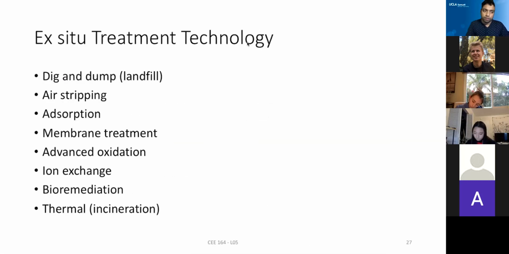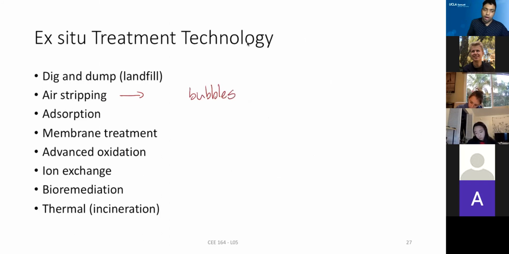Again, the first one is dig and dump, where you basically remove the source. Air stripping, we discussed all that. Air stripping means you inject air into the groundwater; instead of pumping water out, you're pumping air inside. What it does is create bubbles through the soils.